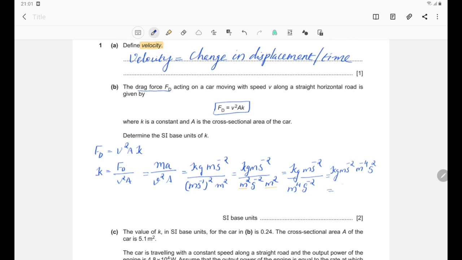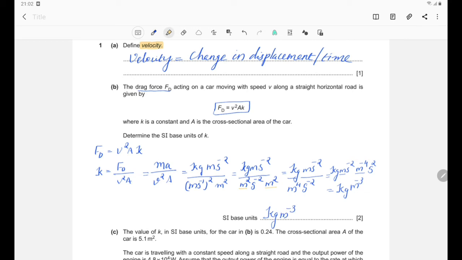Kg is only 1, so you can write kg. But for m, there is m and m^-4, so when you combine you will get m^-3. And s^-2 and s^+2 will become s^0, that is 1. So the second or s unit will be cancelled. So this is the SI base unit. You can write down kg m^-3.